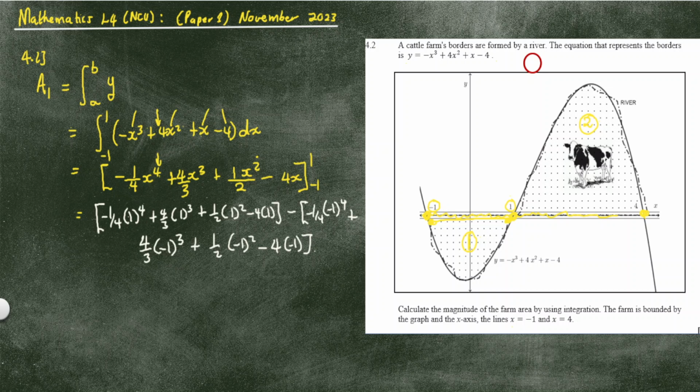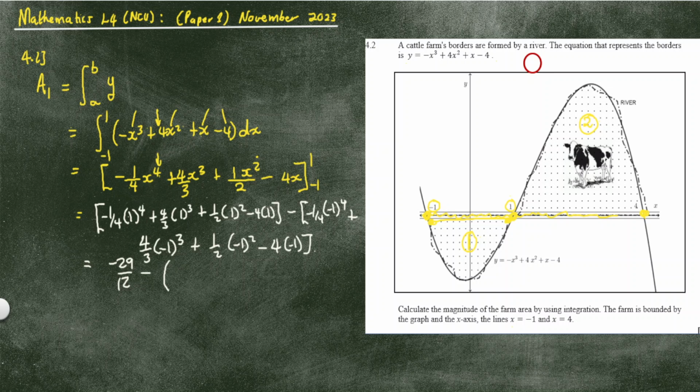Let's calculate the first bracket where we substituted positive 1. That's a quarter, then 1 exponent 4. Okay, let's see. Minus 29 over 12, minus 29 over 12 minus, open bracket.